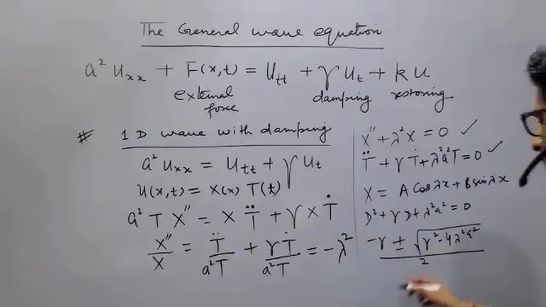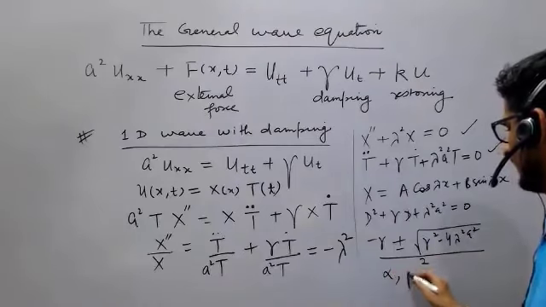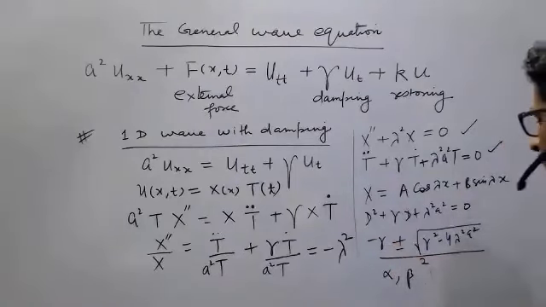So these are the roots, let us write them as alpha and beta. Alpha is equal to the first root and beta is equal to the second root.